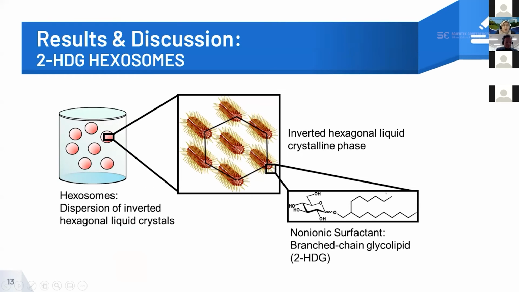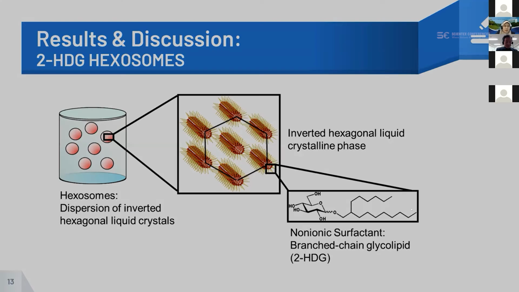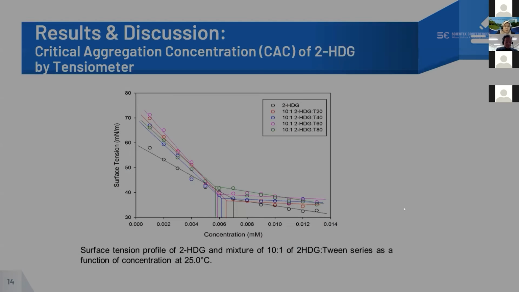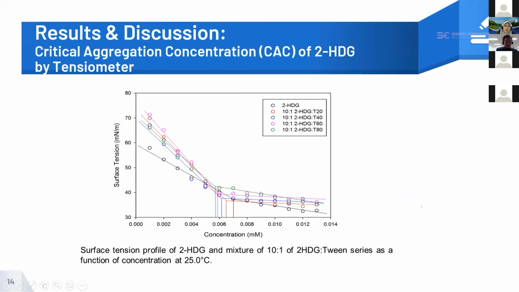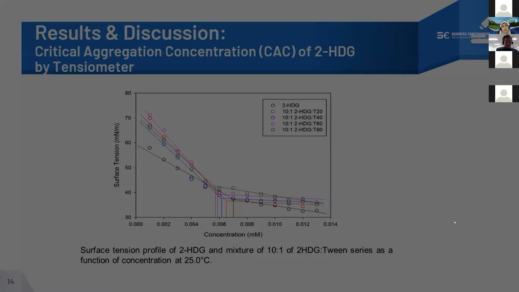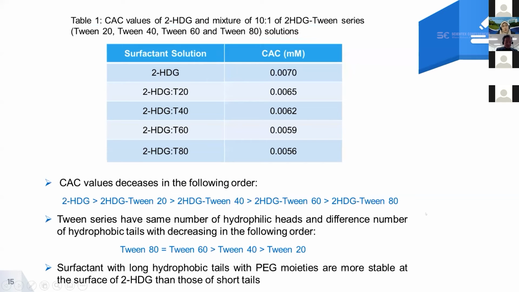The 2-hexadecyl glucoside hexosome results from the CAC, critical aggregation concentration. As you can see, Tween AT lowers and reduces the CAC value of 2-hexadecyl glucoside, meaning that it enhances the stability of 2-hexadecyl glucoside hexosome formation.